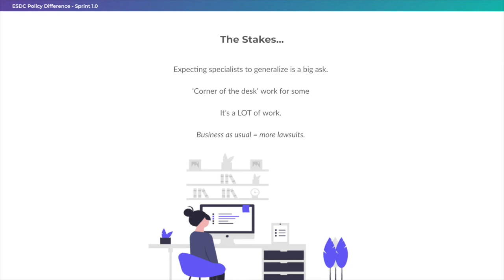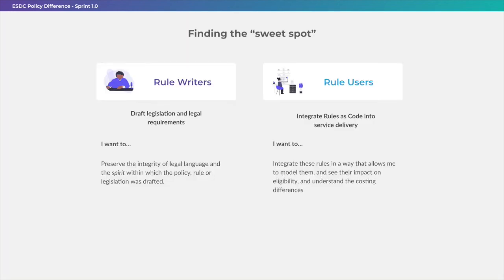And frankly, if we continue with business as usual, as per the project charter, we open ourselves up to more lawsuits, as well as missing out on the needs of folks that need to access these services the most. So with these things in mind, we really wanted to think about what is that sweet spot? The sweet spot is about an opportunity to create something to improve the flow, whether that's the flow of information or the flow of services.